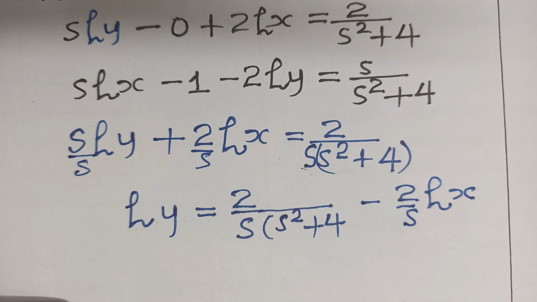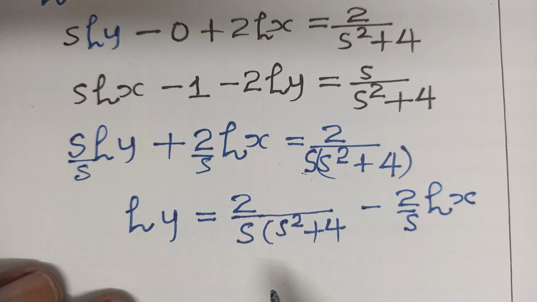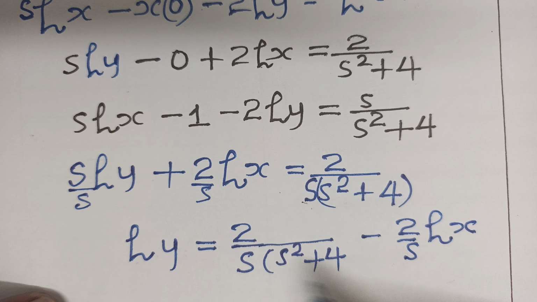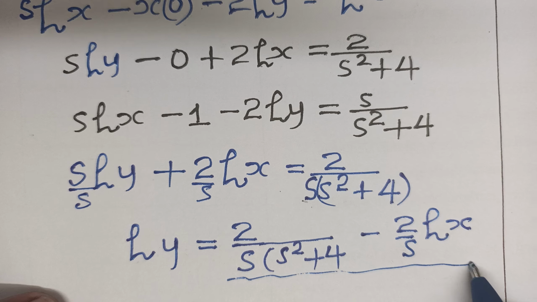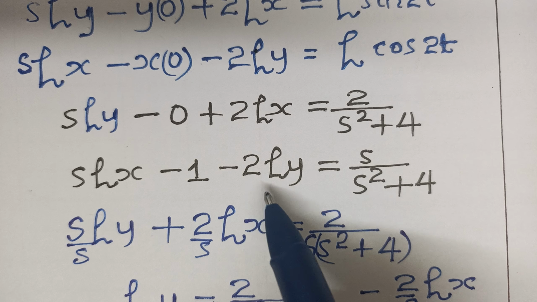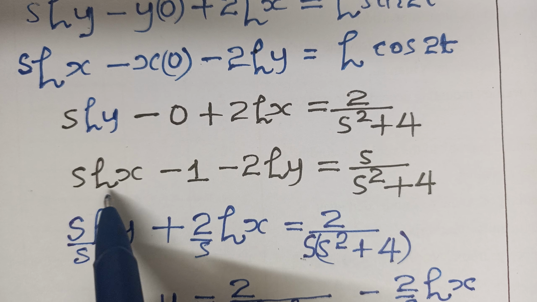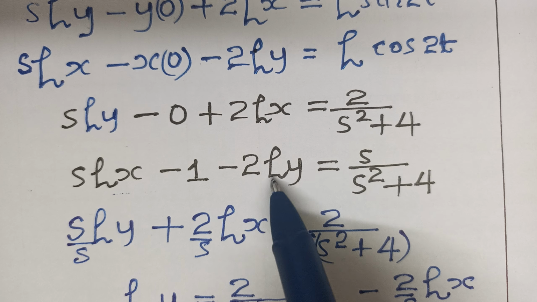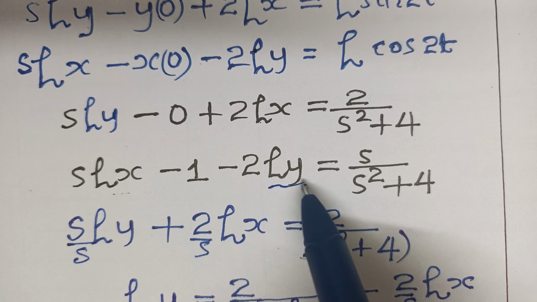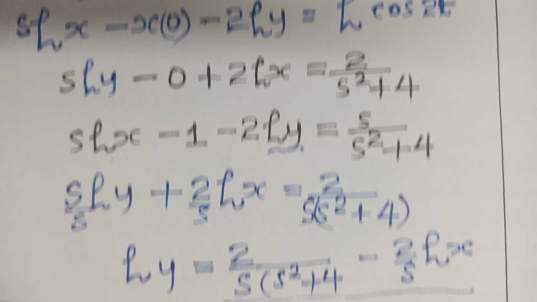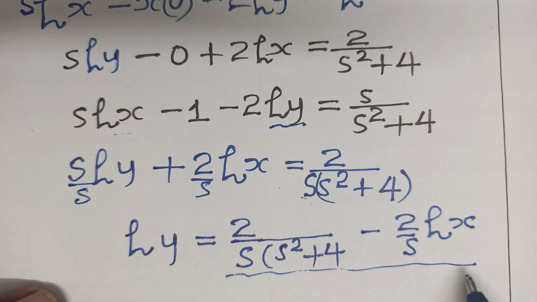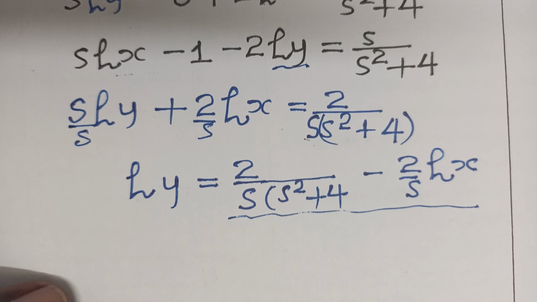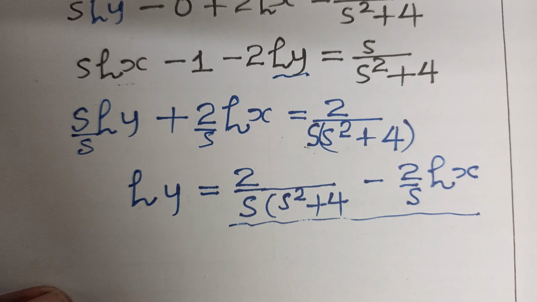With that, I can now replace this value in my second equation, which is right here. Where we have Laplace transform of y, instead of writing Laplace transform of y, I am going to write this figure. So I do exactly like that.